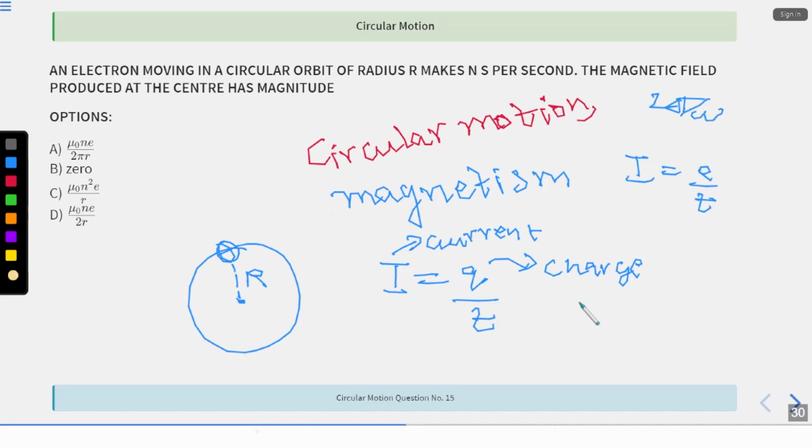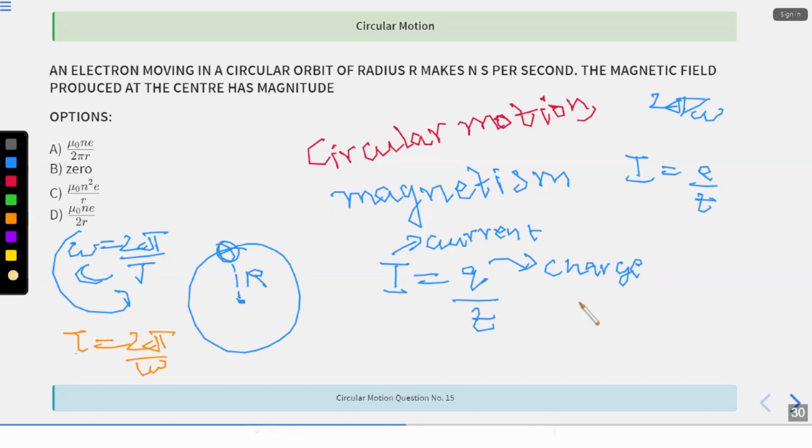T is nothing but time period, right? We've just learned omega is equal to 2 pi by T. So I can take this over here and bring this over here, and you will get T is equal to 2 pi by omega.